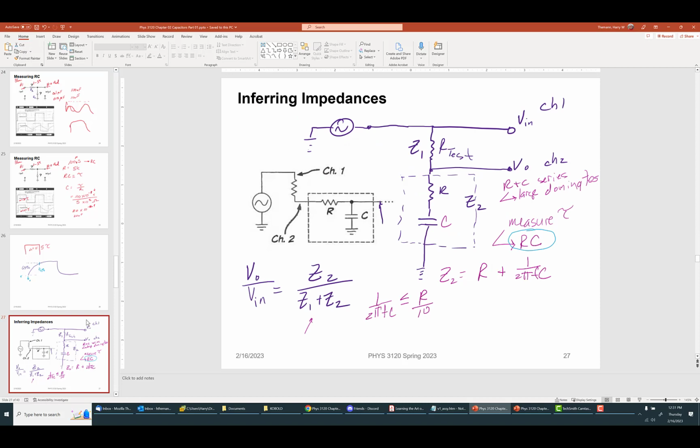So we make a new voltage divider with Z1 being our test, and Z2 being the RC components. And you see there's V in, channel 1, V out, channel 2. And as in all two-component voltage dividers, V out over V in is Z2 over Z1 plus Z2.